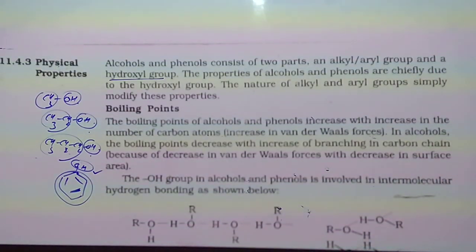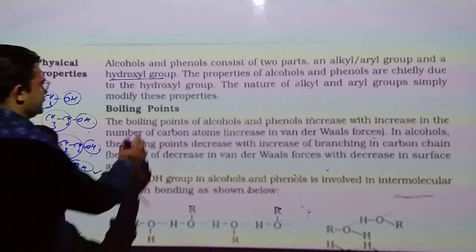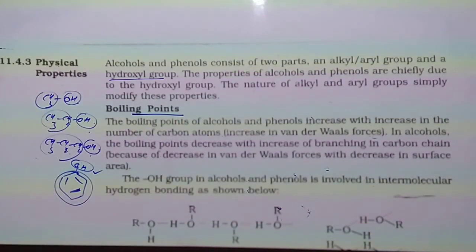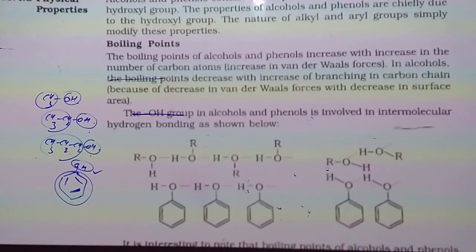Boiling point means that at a particular temperature our compound evaporates, which is called the boiling point. Now we will discuss it in detail in our next lecture. Till then, bye.